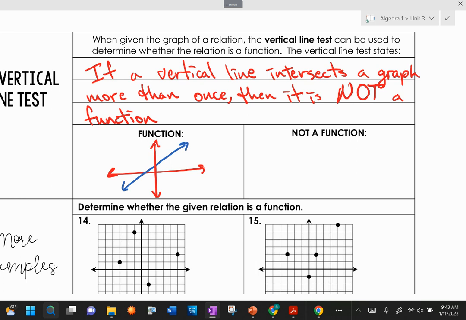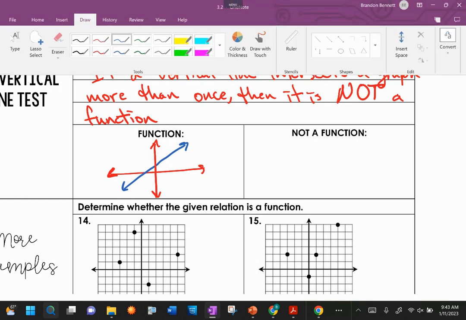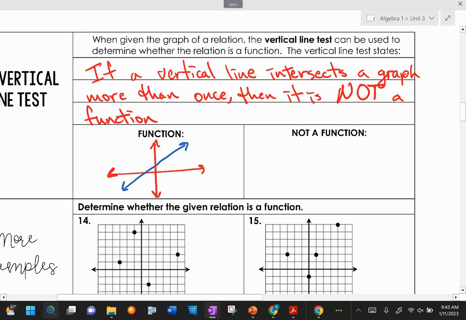We've got our xy coordinate plane, and we have a linear graph that's been made. You will put a vertical line basically anywhere you want on this graph, and as long as it only intersects with the graph that's drawn one time, it is a function.